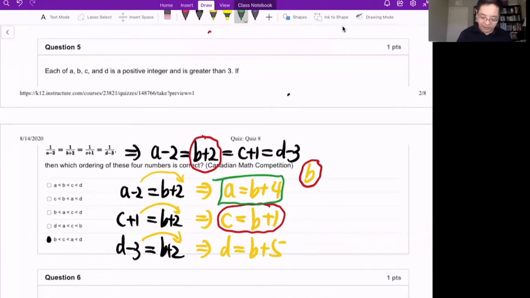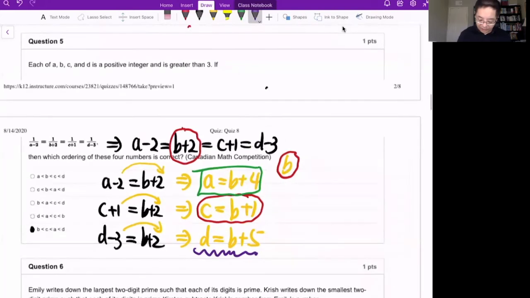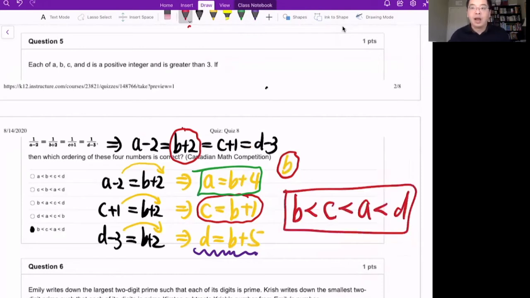This is the second largest. And the largest one is d, that's b plus 5. So if you write out, we should have b is less than c, less than a, less than d. So this is the correct order among these 4 numbers. Then the answer is the last one, E.